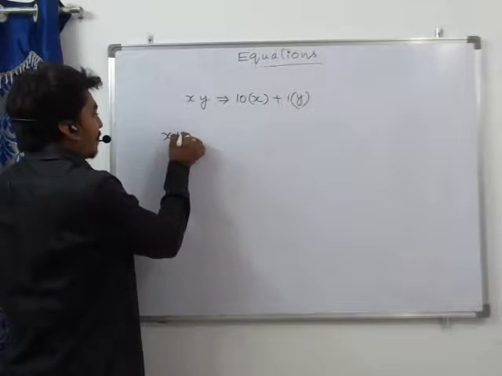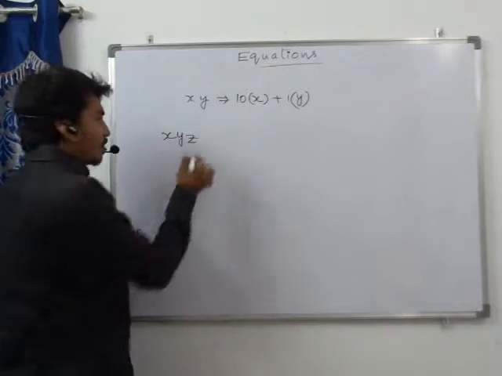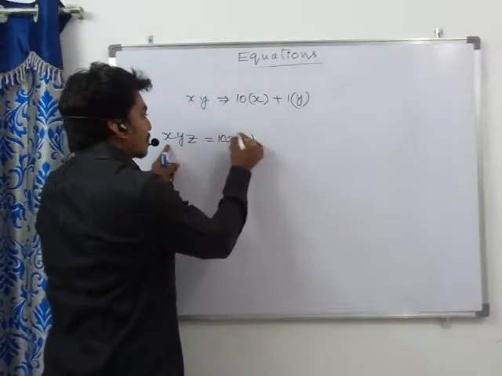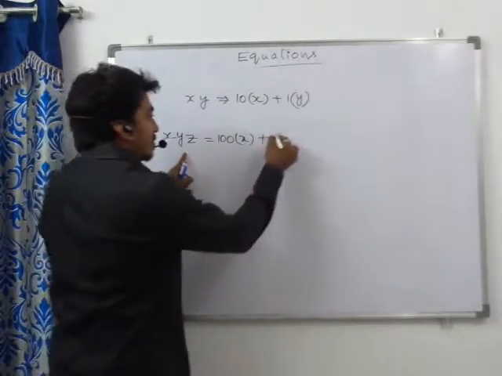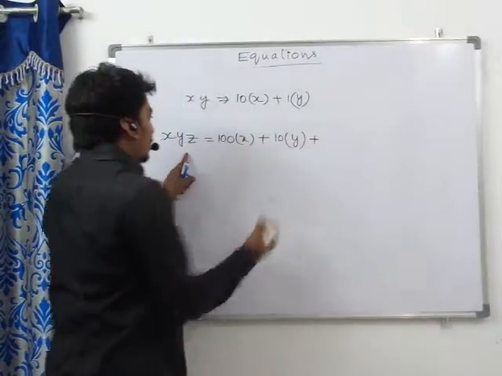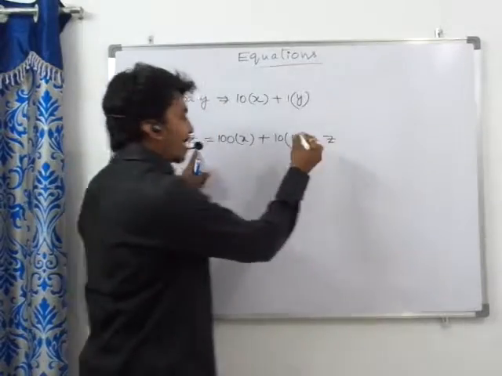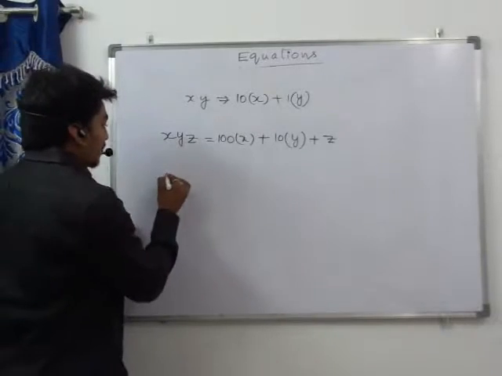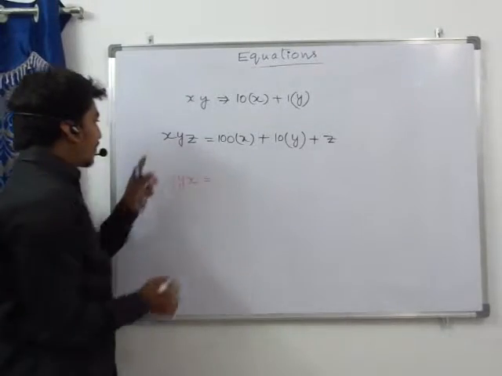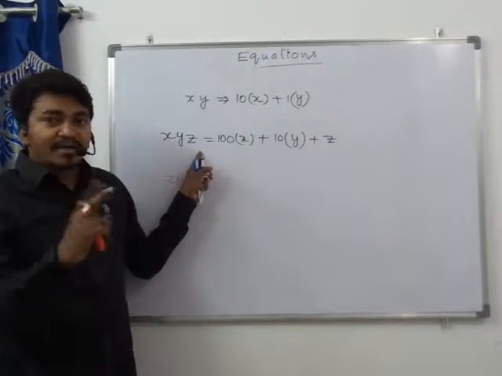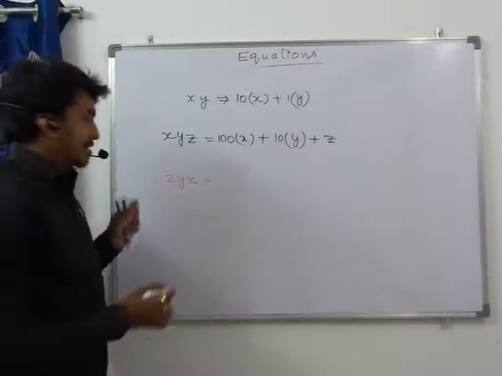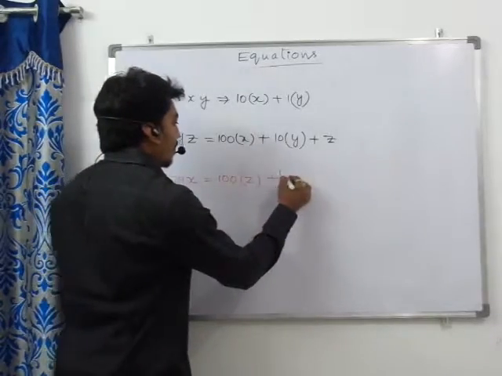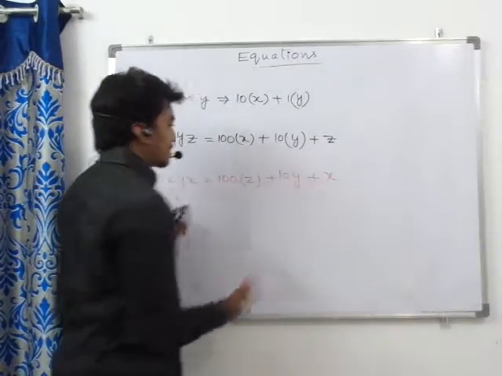For example, if you have xyz, the place value of x is 100 into x, the place value of y is 10 into y, and the place value of z is z itself, 1 into z. Now let us reverse the number. You have the original number xyz. Now I am reversing the digits, the units place and the hundreds place. This becomes 100 into z plus 10 into y plus x.